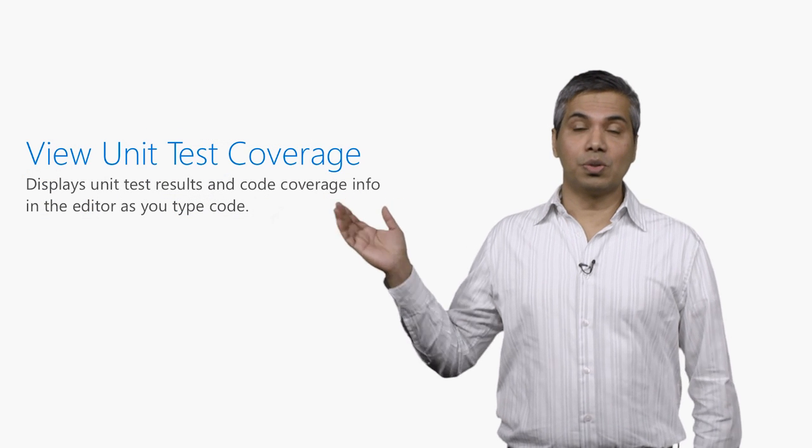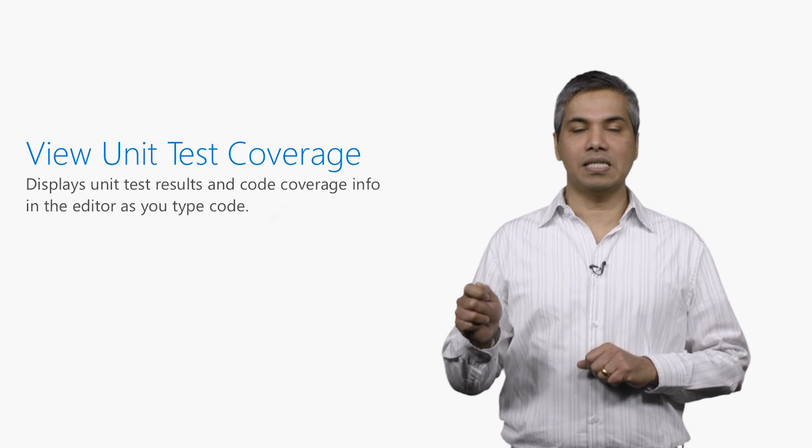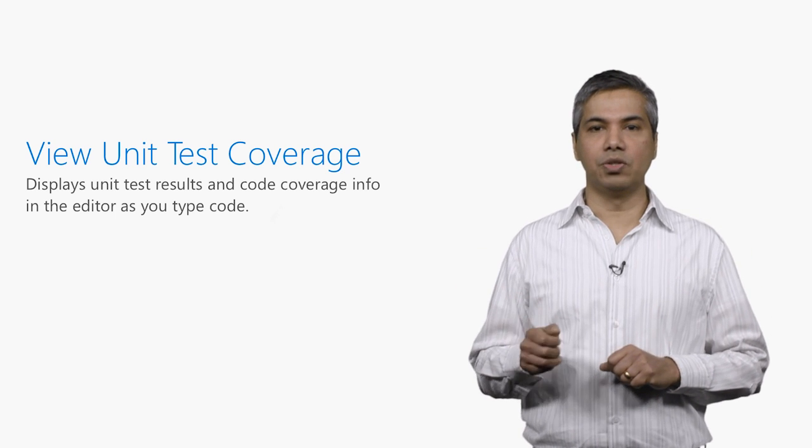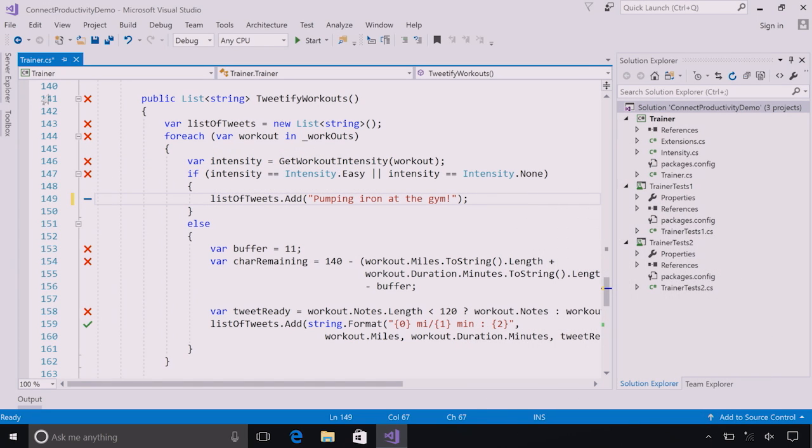Live unit testing shows what lines of code are covered by unit testing and what tests are passing or failing as you view or type code. Let's take a look. You see these red, green, and blue icons on the left side of the code editor. These are coming from live unit testing.